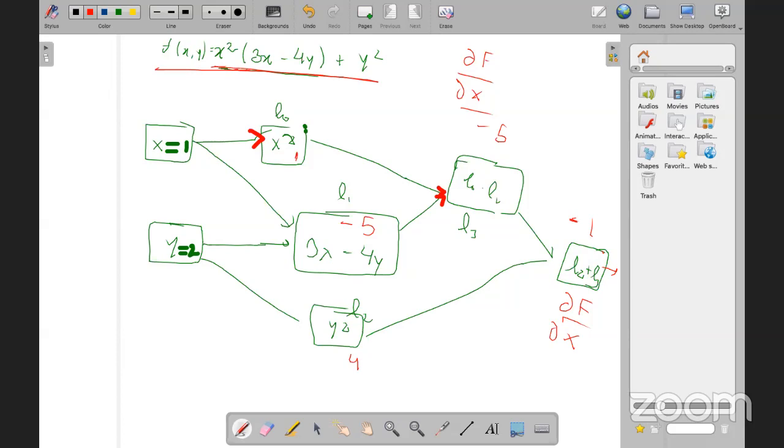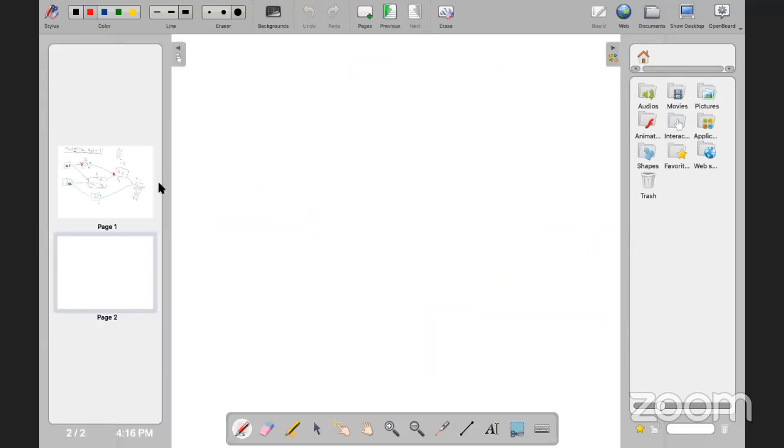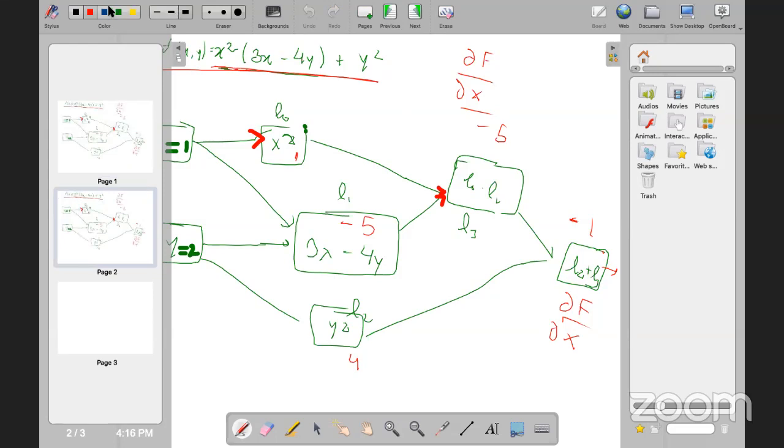And that is what is bad with this forward mode differentiation. The idea is to use what is called reverse mode differentiation, also called automatic differentiation and so on. So let's try to do that.